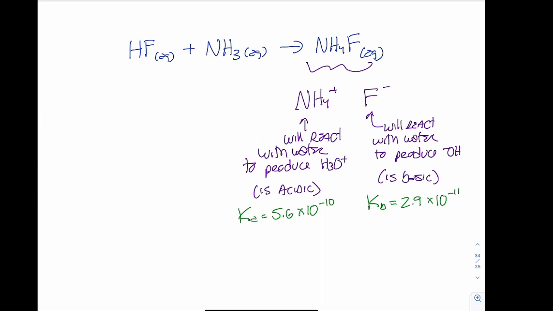So then comparing these two, my Ka times 10 to the negative 10th is a larger number than the negative 11th. So my Ka is larger than my Kb. So this solution is going to be acidic. You really just have to compare those two numbers. If they were the same, it would be a neutral solution. If Kb was larger, it would be a basic solution.